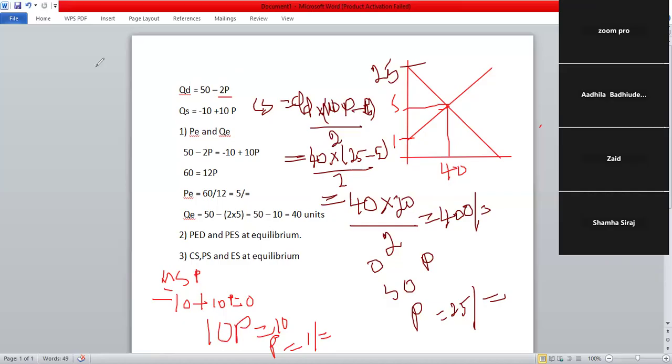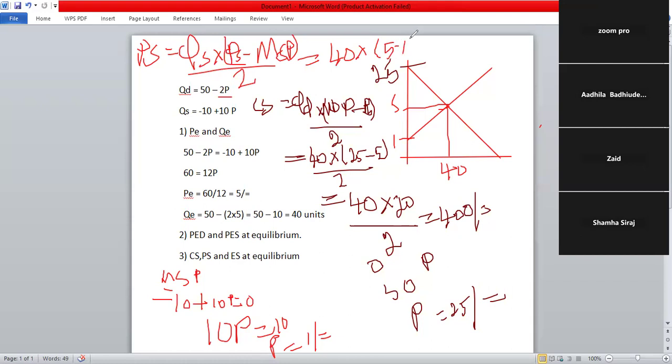Then producer surplus is QS into seller's price minus minimum supply price over 2. So QS is 40, it's at equilibrium, 40 into seller's price is 5, minimum supply price is 1, over 2.